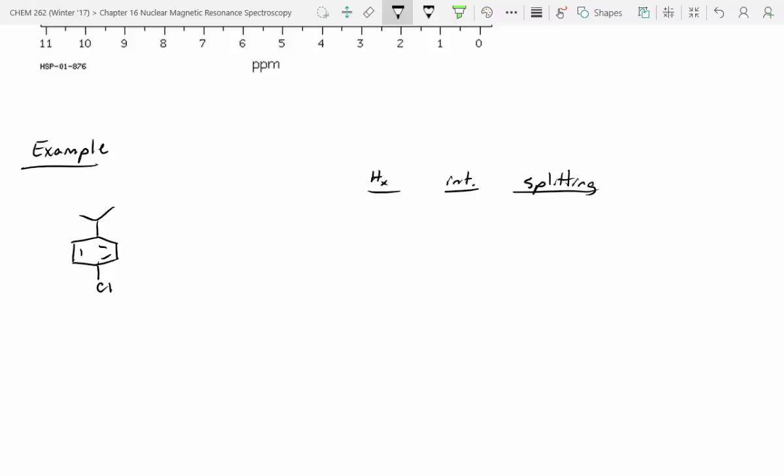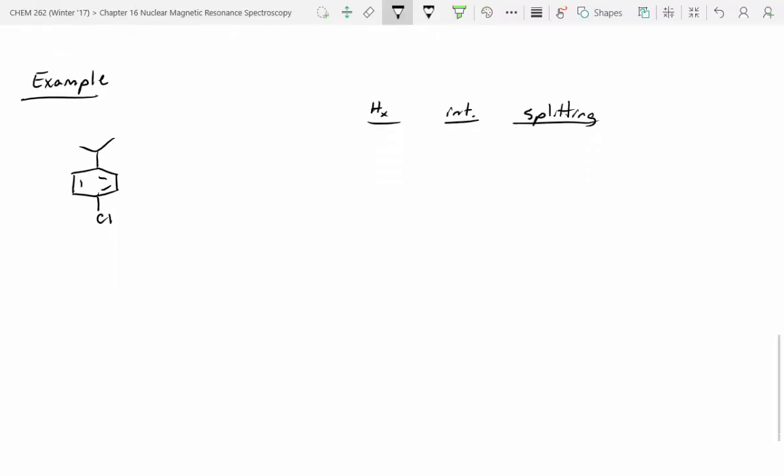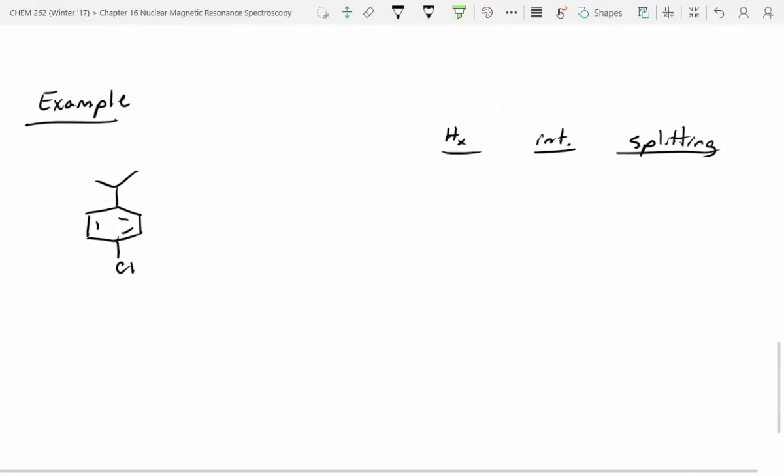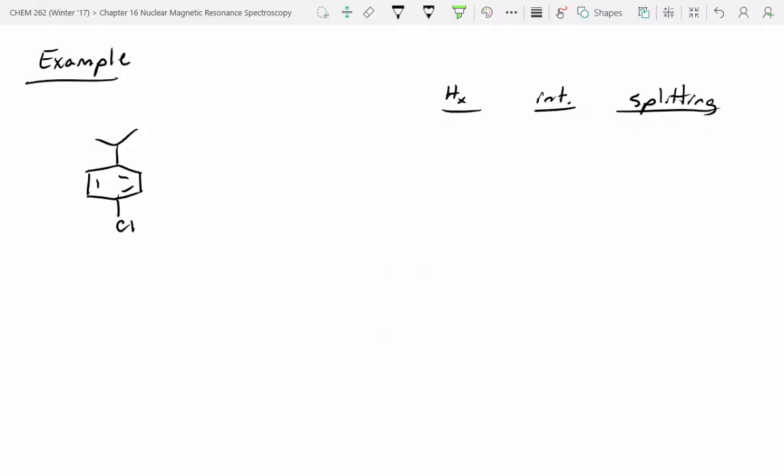And let's just focus on protons right now. And I'm going to draw in all of my protons. I've got a lot of protons on this guy.